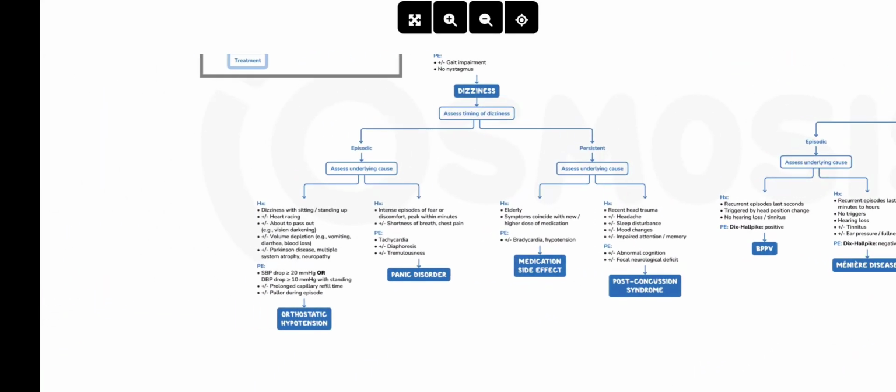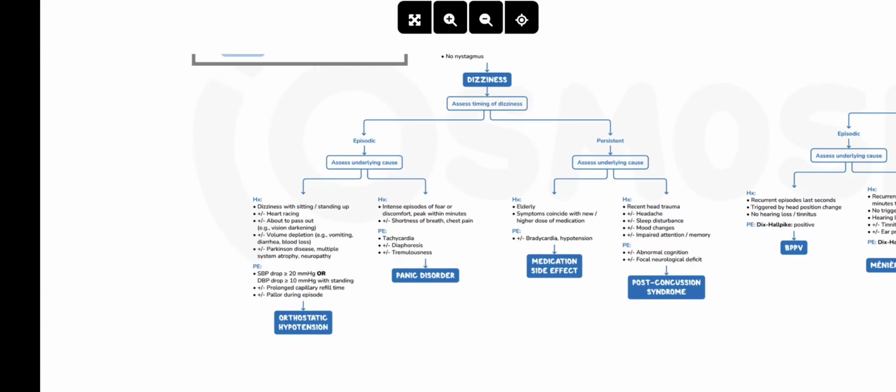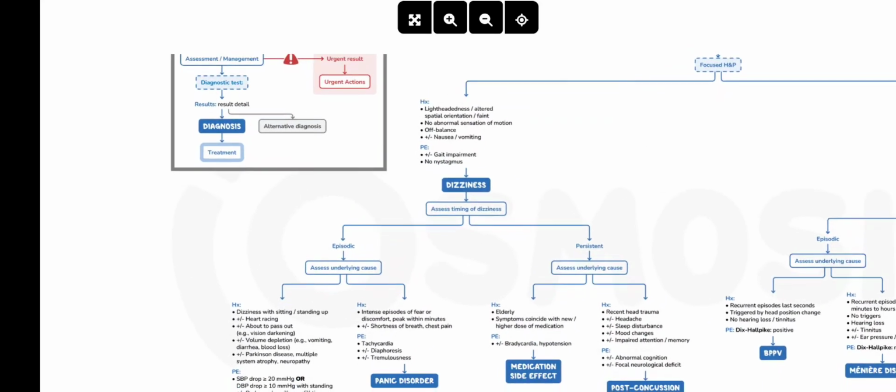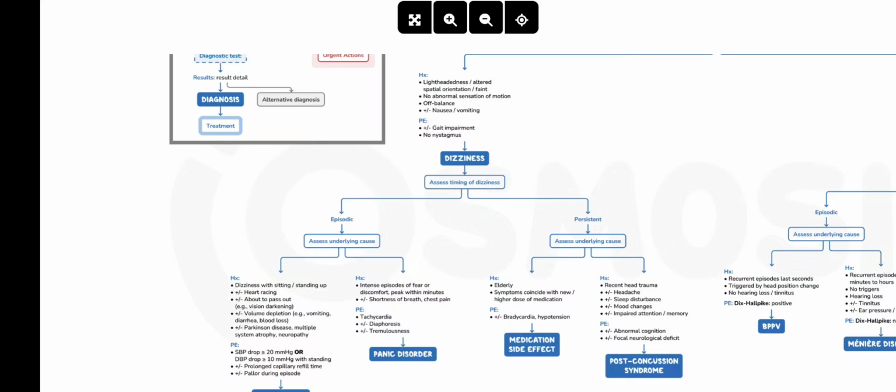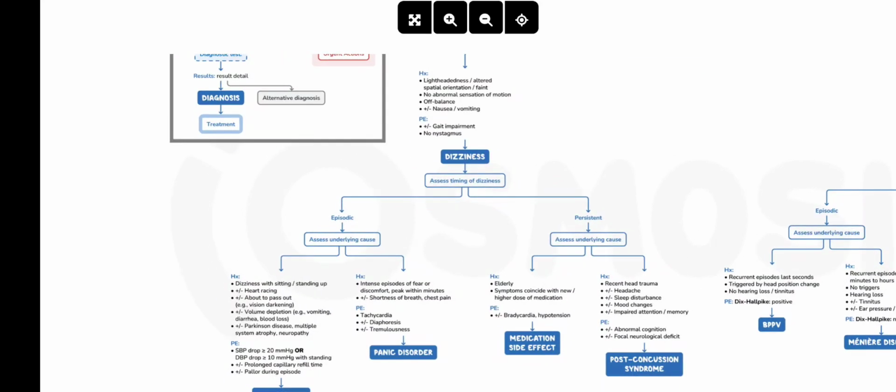So in a nutshell, for dizziness, first of all, there is no abnormal sensation of motion, and no nystagmus, but the patient complains of lightheadedness or altered spatial orientation, off balance, gait impairment, nausea, vomiting.